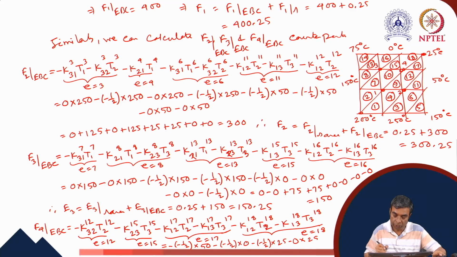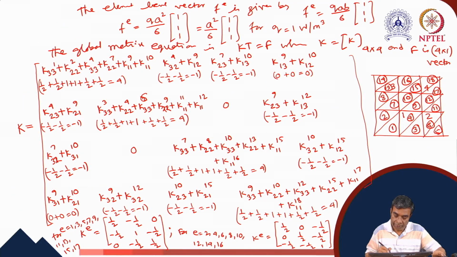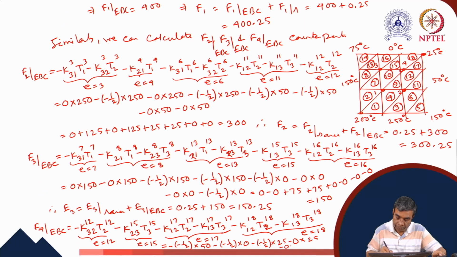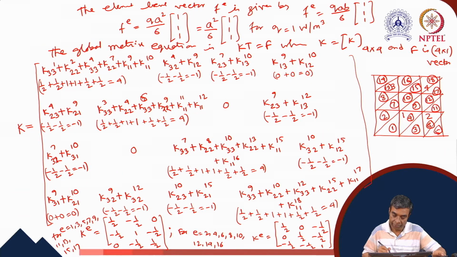Then we have contribution from the 18th element. We have minus K1218. K12 is 0. So this is 0 into T218. So T218 is 25 minus K1318. T318.